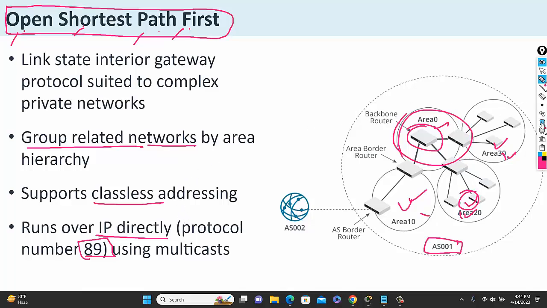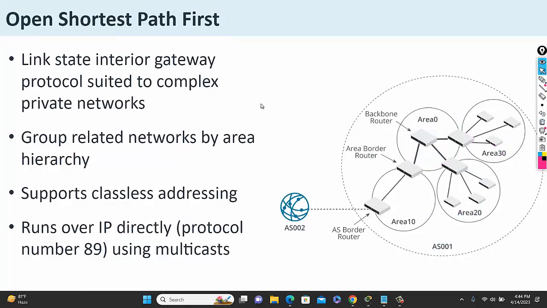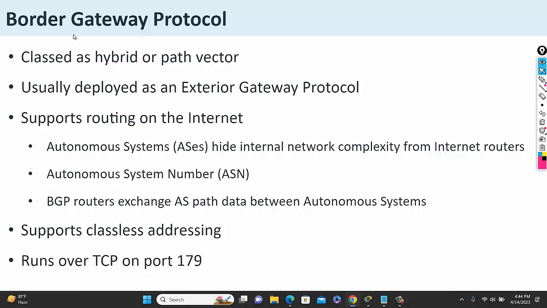Okay. So there are some protocols which can be used, and another very important protocol is called Border Gateway Protocol, which is classed as a hybrid or path vector protocol, usually deployed as an exterior gateway protocol.